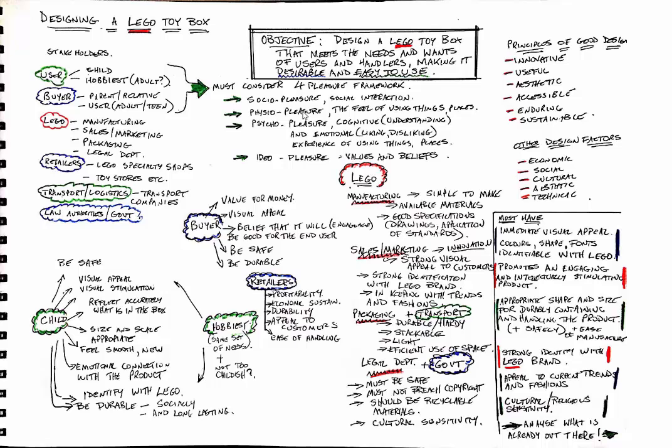They all come under physio. Psycho-pleasure is about cognitive understanding and emotional, which is like liking or disliking. And then the ideological pleasure that we would consider of people's values and beliefs.